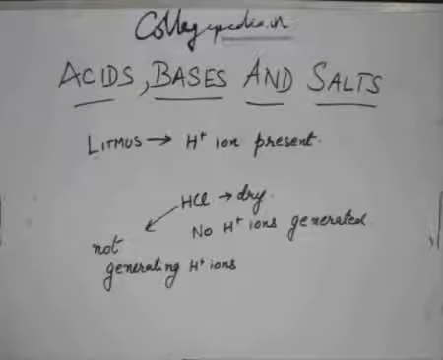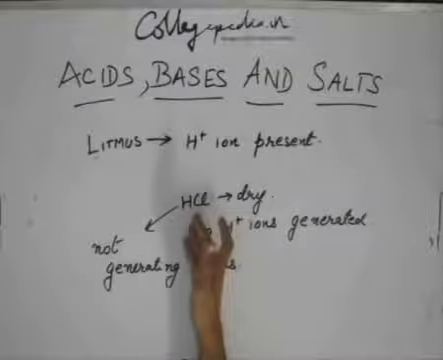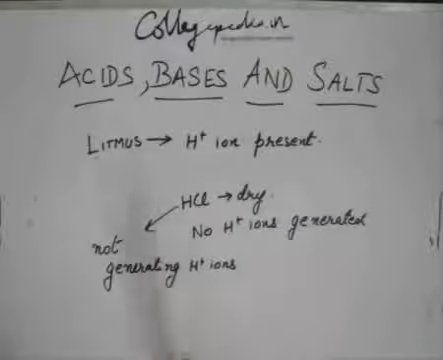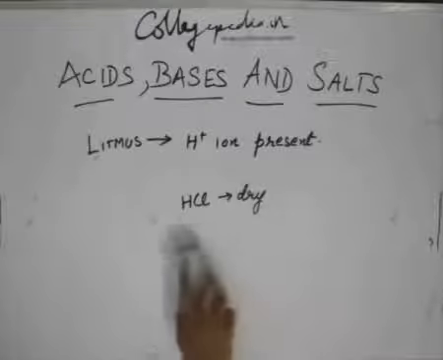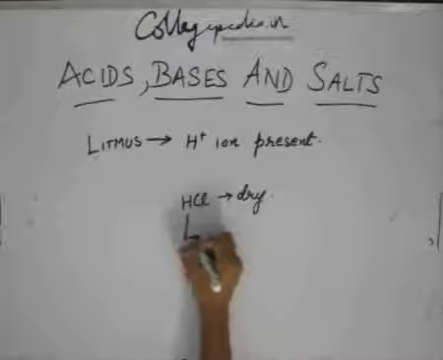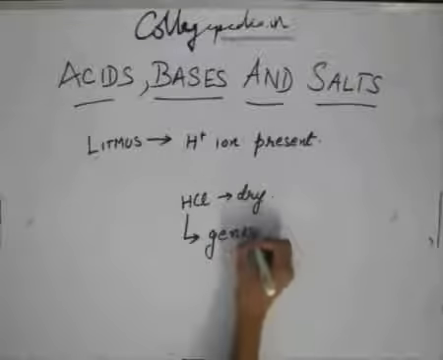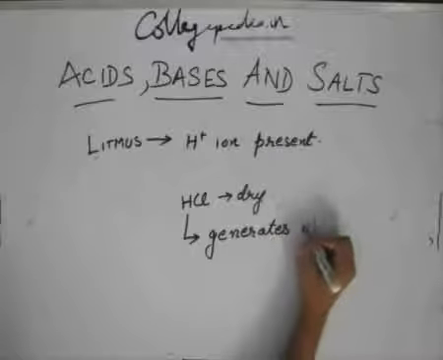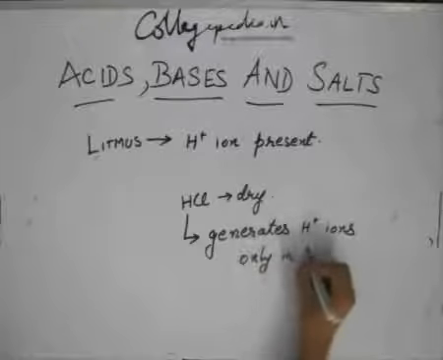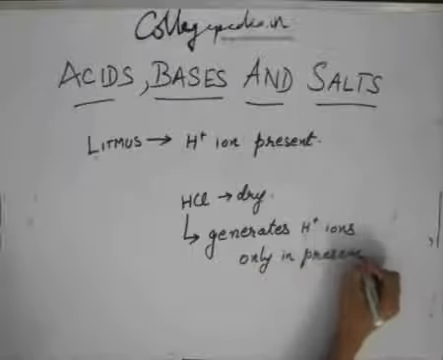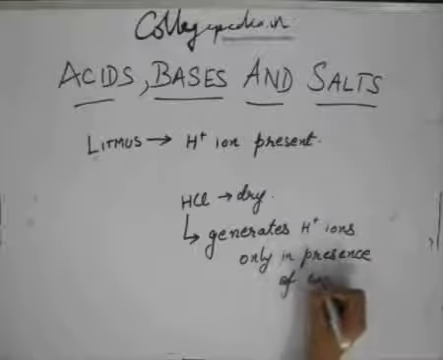Now how can we say that? We have learnt in the first place that acids are substances which generate H+ ions. So this HCl, which is the very popular acid, hydrochloric acid, how can it not generate H+ ions? The reason is that acids generate these H+ ions only in presence of water.